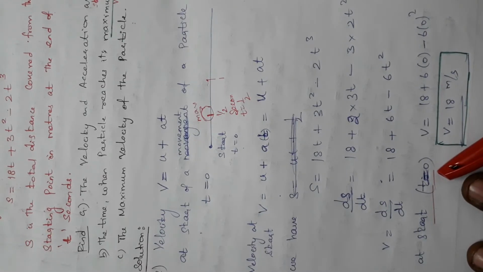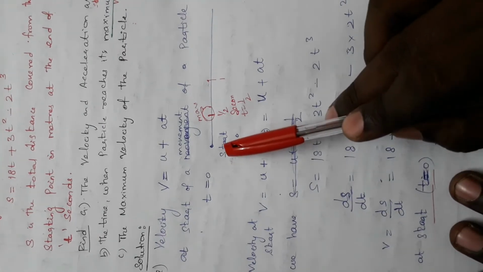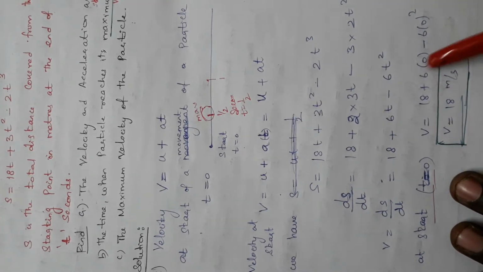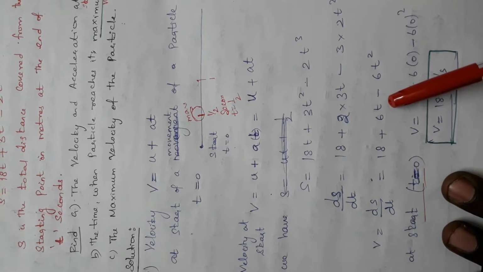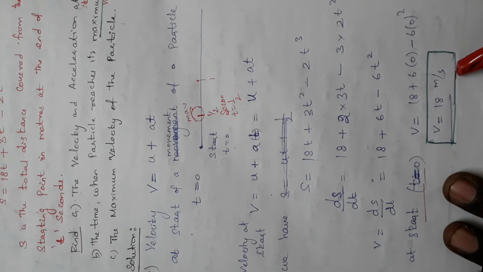So when the object starts from the initial position, the time is 0. Hence we substitute 0 in place of t, and finally we get velocity equal to 18 meters per second.